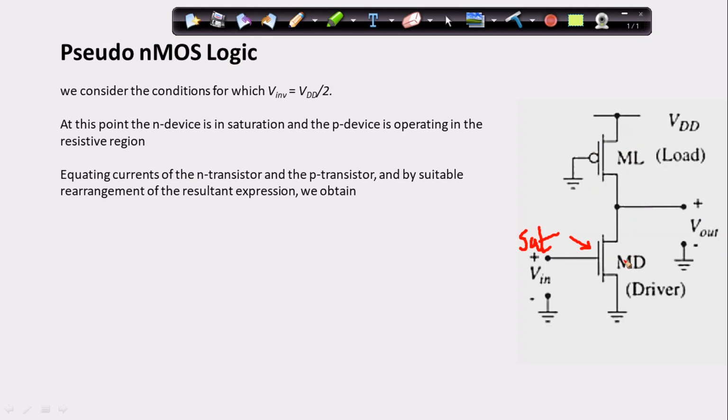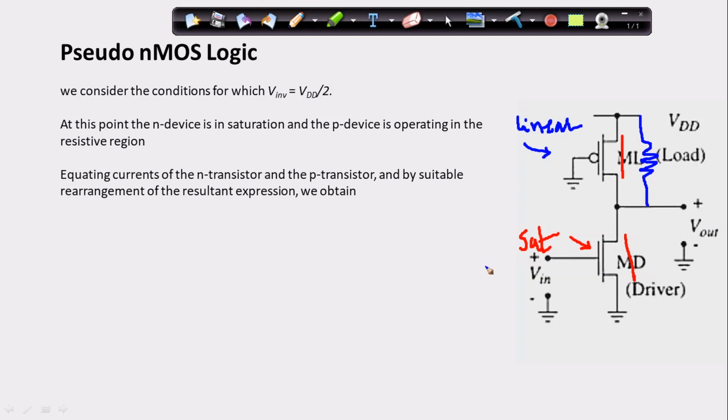Now this one is turned on, so this is a closed switch, and the other is also turned on all the time, so again this is a closed switch. This particular transistor is going to be in the linear region, and this PMOS will be acting like a resistor over here.